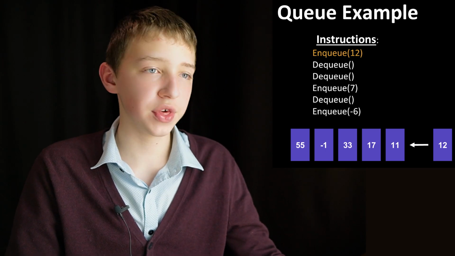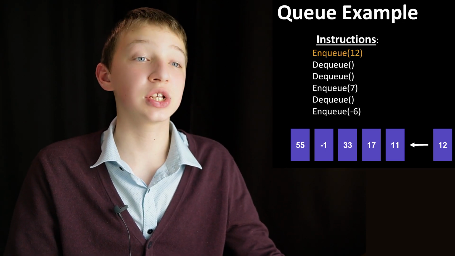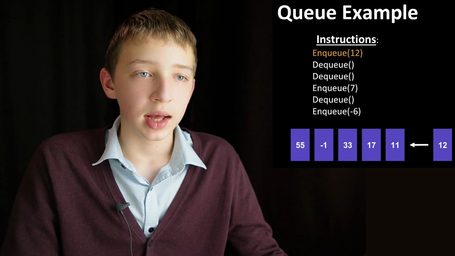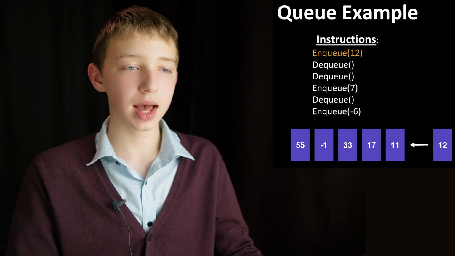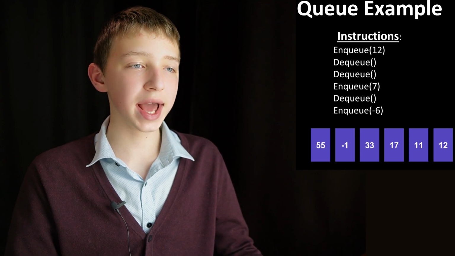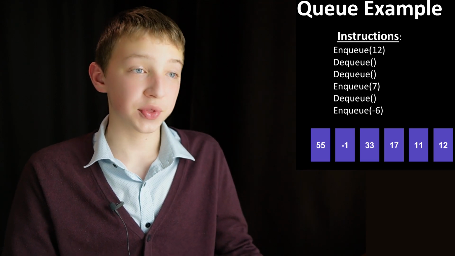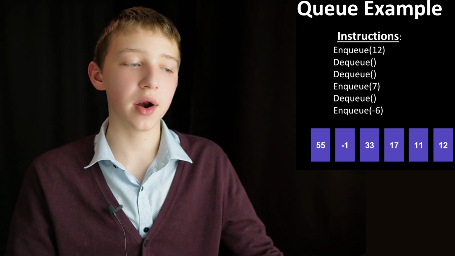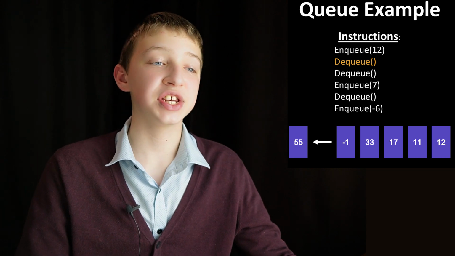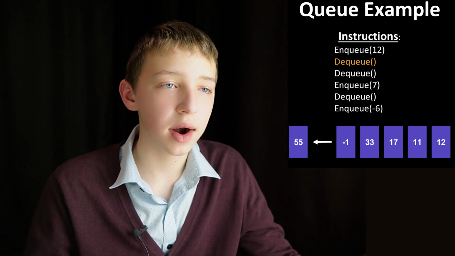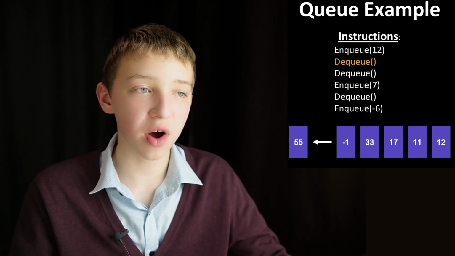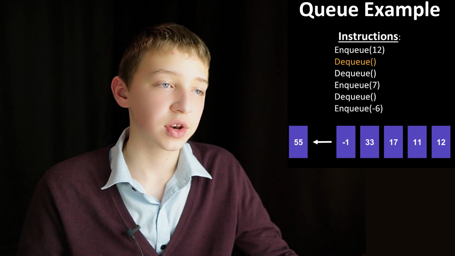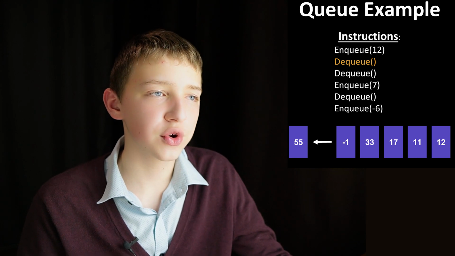Okay, the first operation says to enqueue 12. So we add 12 to the end of the queue. We are adding this element to the queue. We are enqueuing. Then the operation says dequeue. So we remove the first element from the queue, the top element.